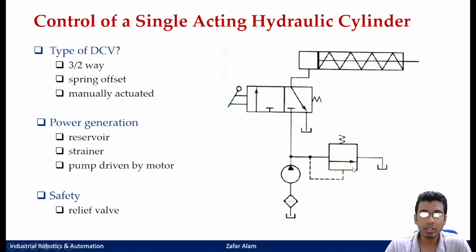However, if you want to unload it, why waste so much energy? Suppose when my cylinder is in the idle position, I do not want to waste the energy, and I do not want my pump to run at its peak capacity. I just want to unload it so that the pump runs at its zero capacity.